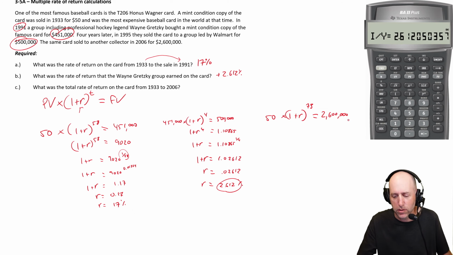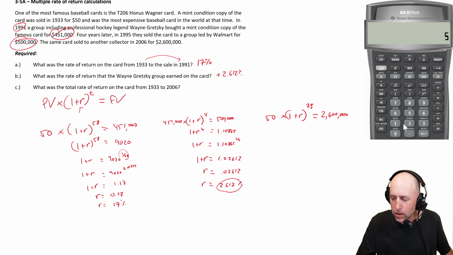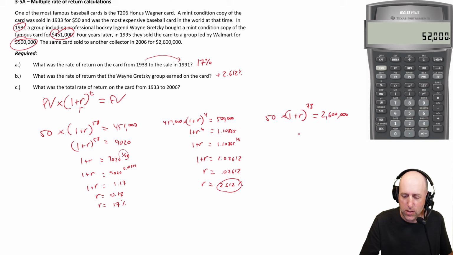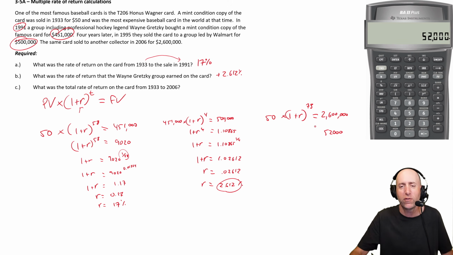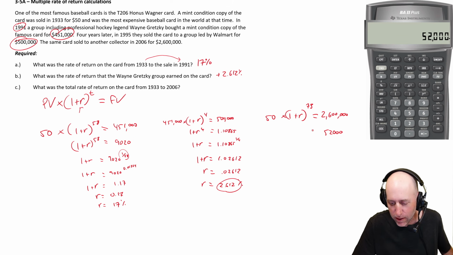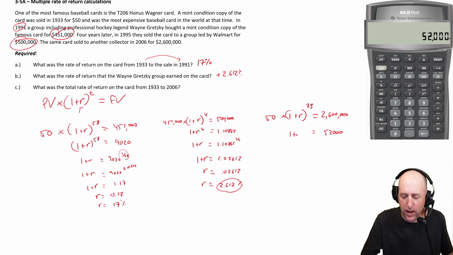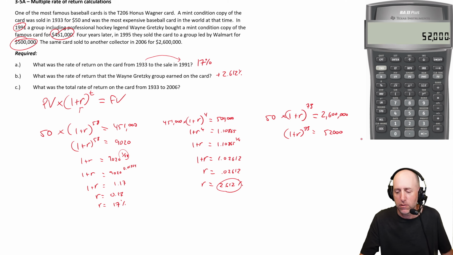We'll solve for R. So divide both sides by 50. 52,000. This grew by 52,000 times, right? The value didn't double, didn't triple, it went 52,000 times itself. That's what long time periods and high growth will do for something. So 1 plus R to the 73 equals 52,000.